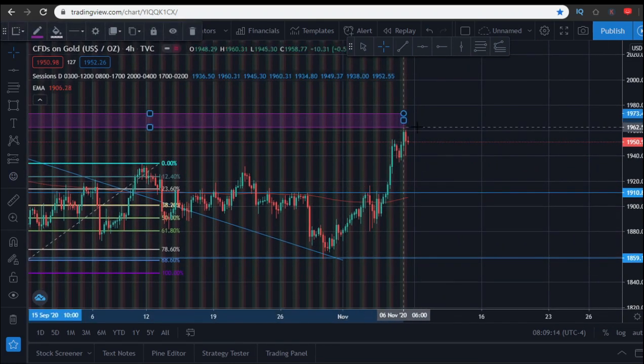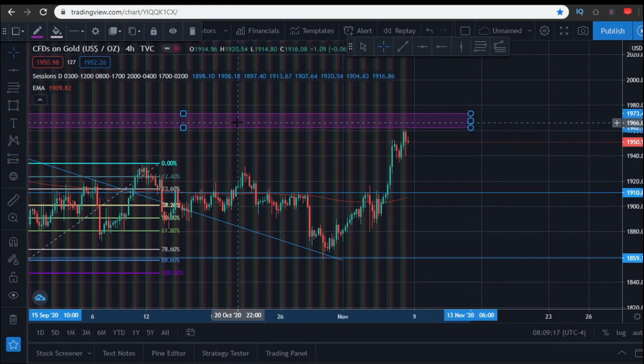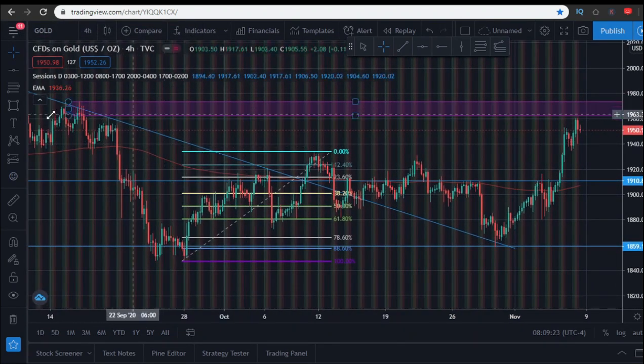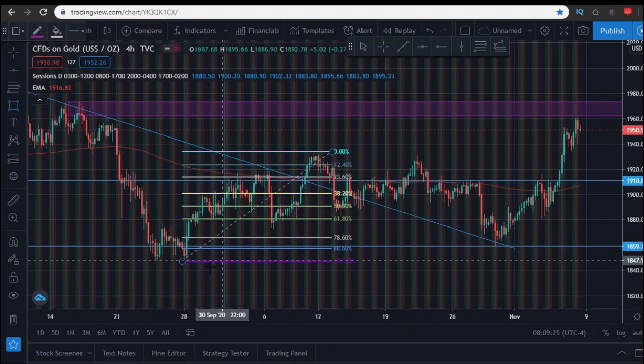And these zones will tell you where the price is thinking of retracing to. This looks like one right here in the middle.